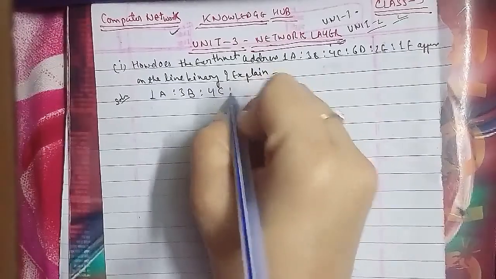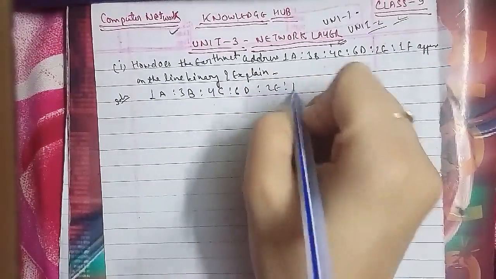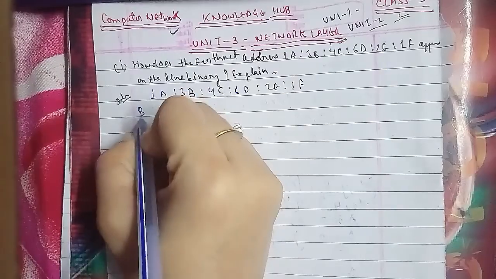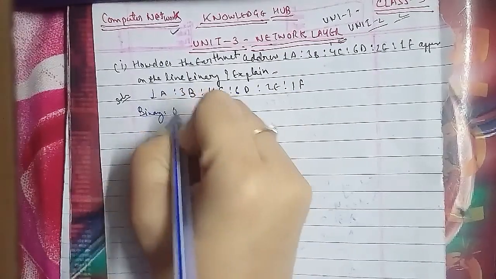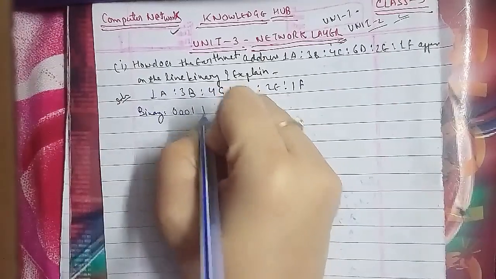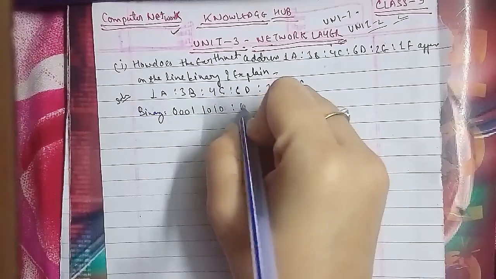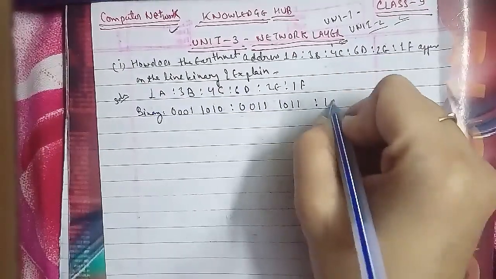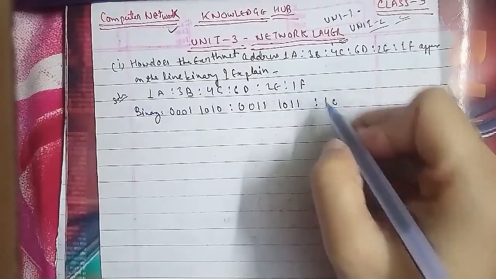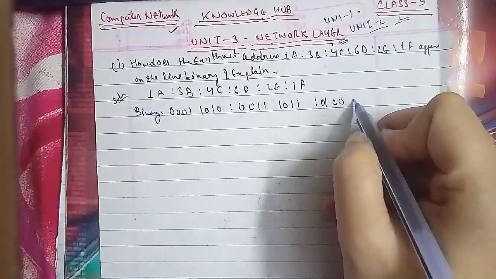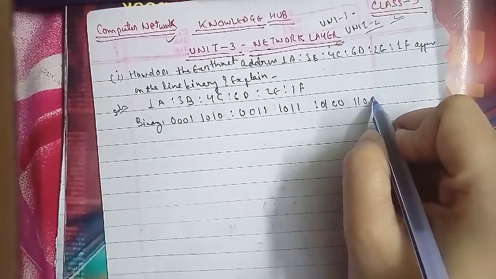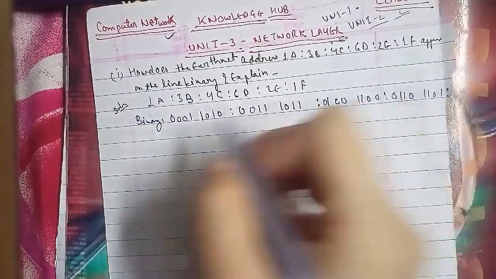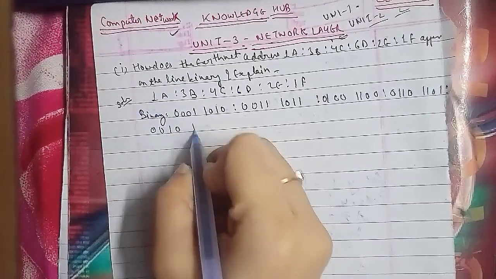The binary for that Ethernet address is 0001, 1010, 0011, 1011, then again 0100, 1100, then 0110, 1101, then of course 0010, 1110, and then again we have 0001 and 1111.